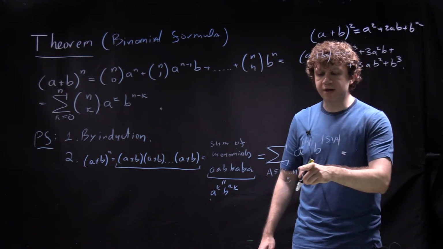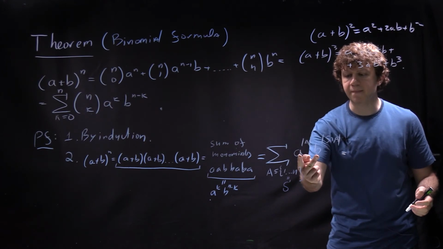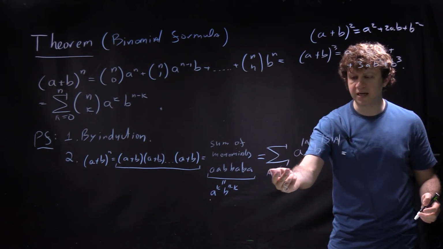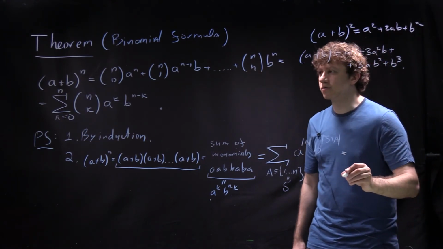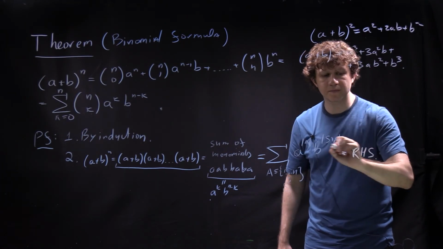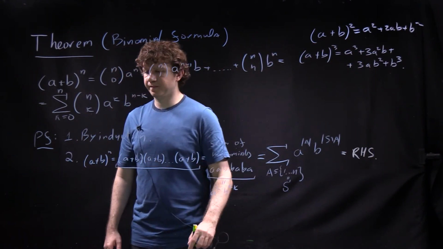But now we can apply the fact that we will see the same monomial a number of times, which is the number of subsets of a certain cardinality. So this gives the right-hand side. So basically, this is just a proof by opening the brackets.